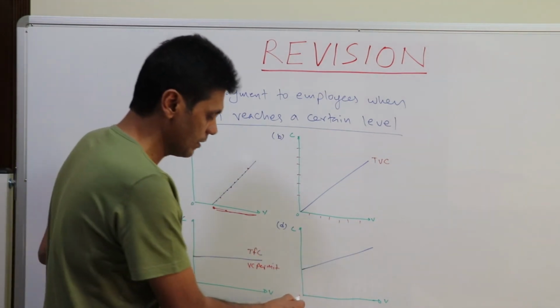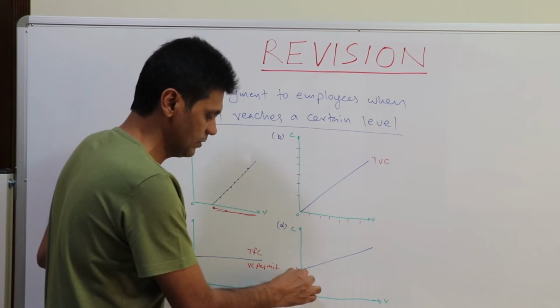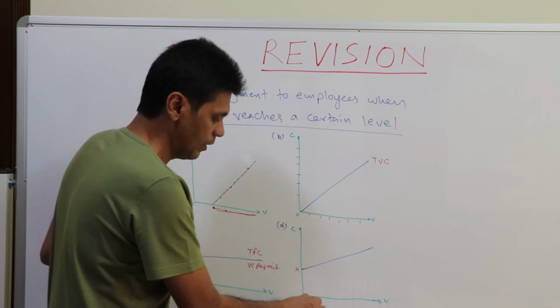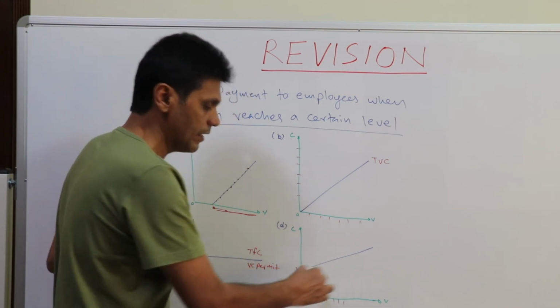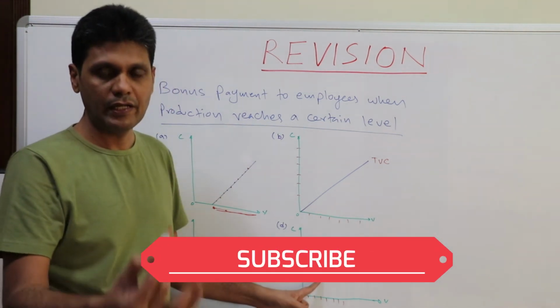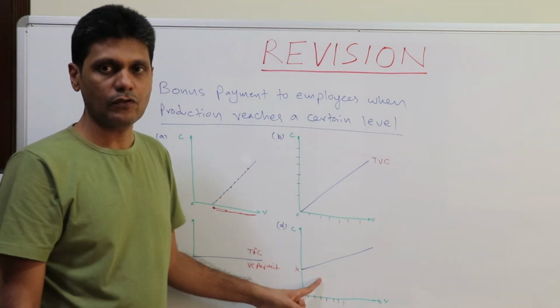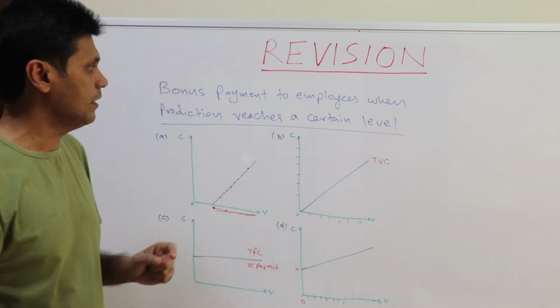Regardless of the usage, there is a fixed charge, and the moment you increase the activity level, there will be a variable charge. So this basically corresponds with your electricity or telephone bills. So therefore this doesn't correspond with this particular question.